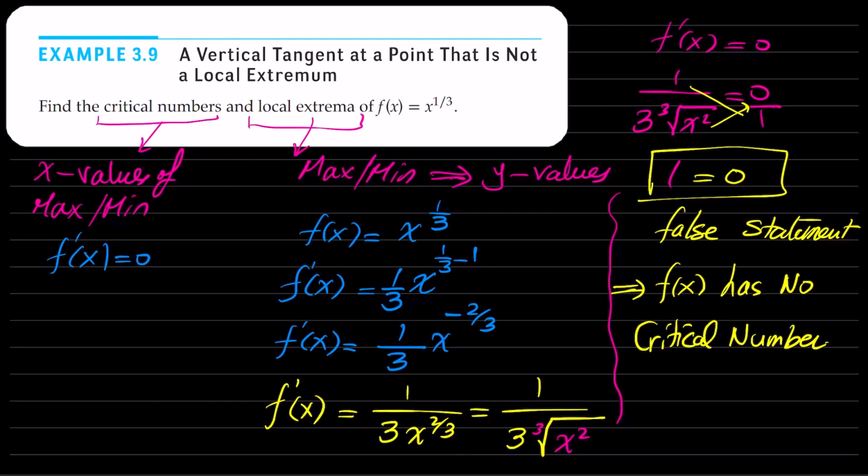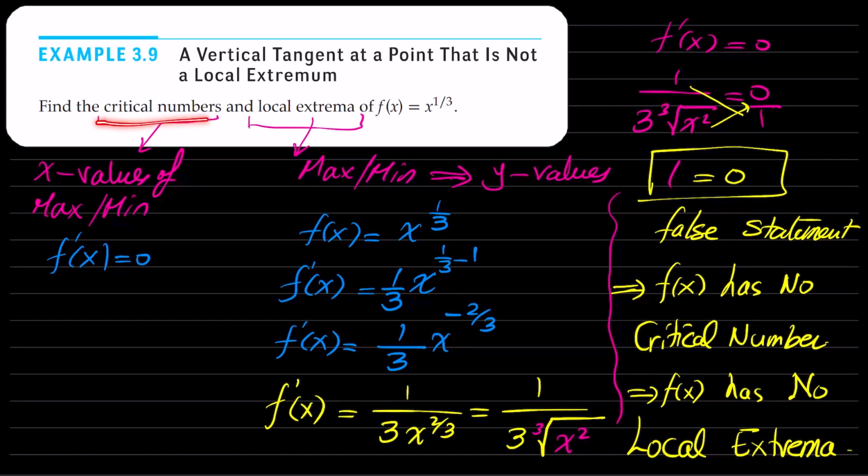This term we multiplied by 0 is 0, 1 times 1, which is a false statement, so no critical point. If there is no critical point, it means f of x has no local extrema.